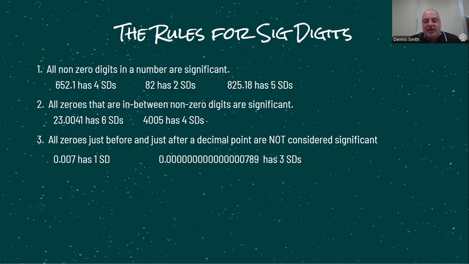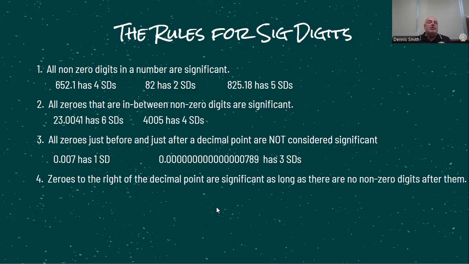Now it turns into 7. And then the second one is 0.00000000000000000. 12 zeros in case you're counting at home. 789 only has 3 significant digits. All those zeros are what are considered placeholders.